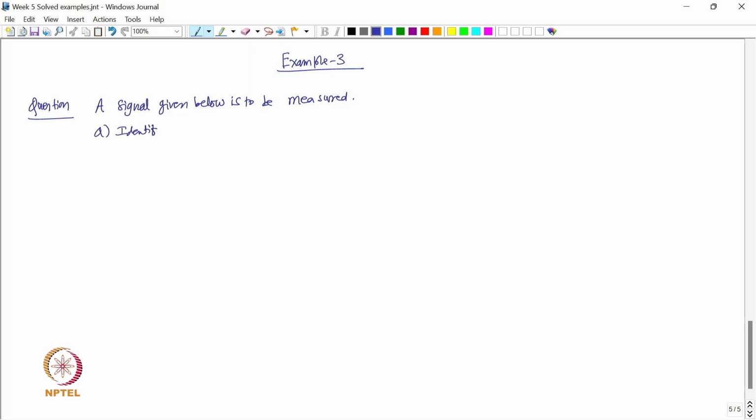Identify the amplitude, frequency and phase of all the frequency components in the signal.